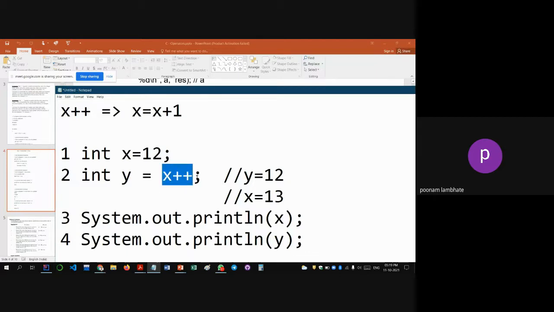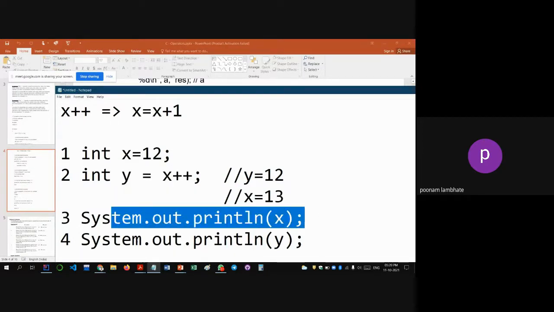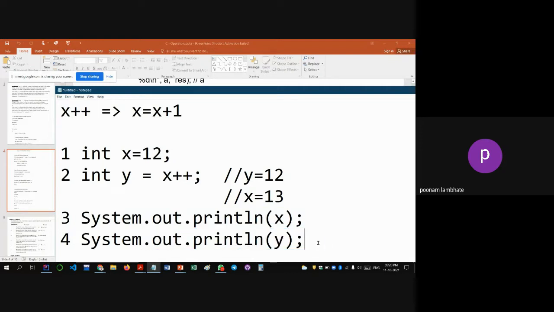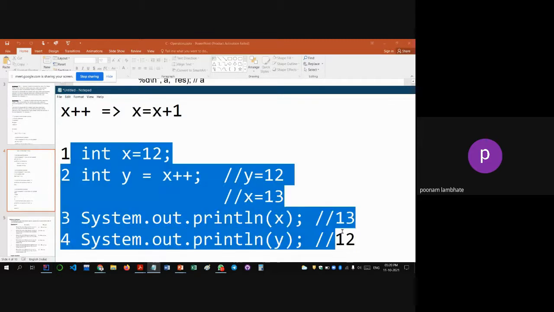Current value of x, you use it in the expression, or in line number 2, and on the next line the value of x will be 13. Then similarly on line number 3 it will be 13, line number 4 x value will be 13, and so on. So if you print out x at line number 3, the value of x will be 13, and if you print out y on line number 4, value of y is what? 12. Did you understand this, how we are doing the post operation?